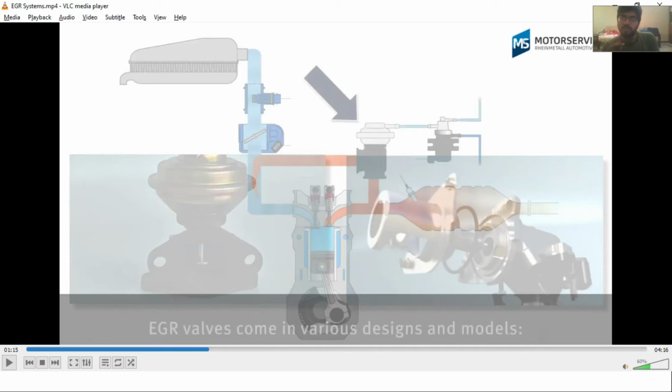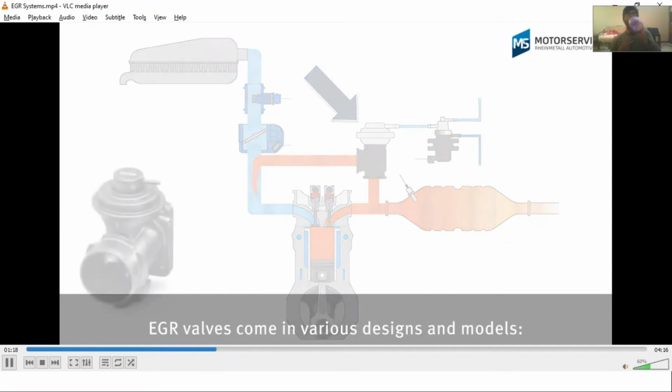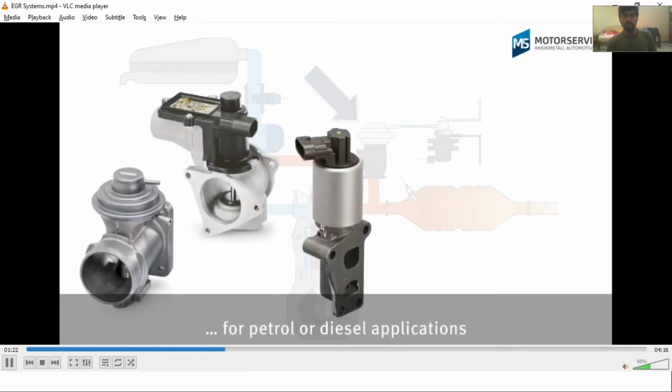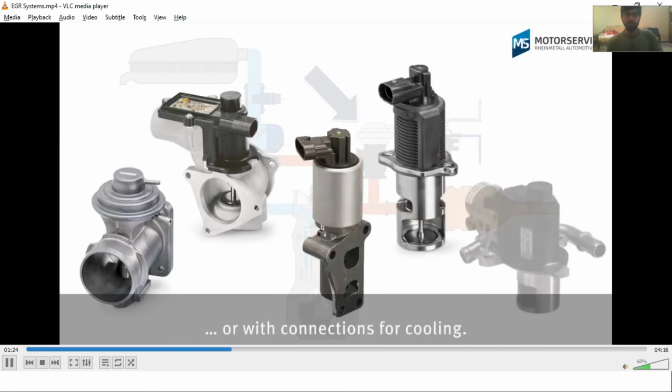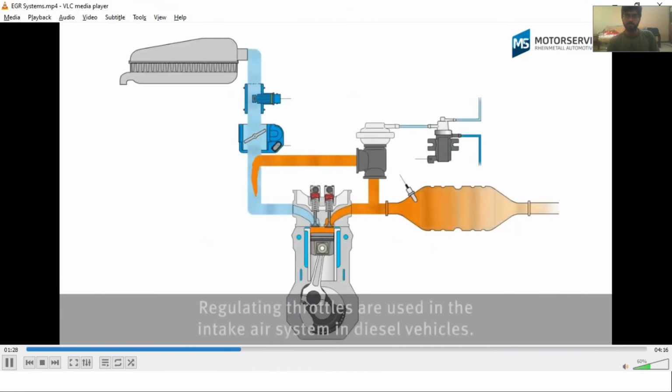It is basically controlling the amount of the exhaust gas which is being recirculated back into the combustion chamber. EGR valves come in various designs and models, pneumatic or electrical, for petrol or diesel applications, or with connections for cooling. Regulating throttles are used in the intake air system in diesel vehicles.